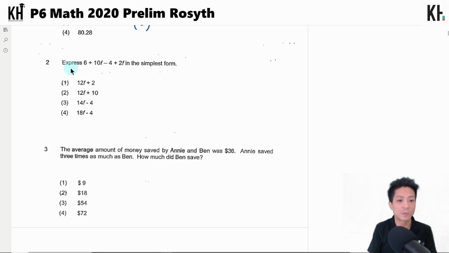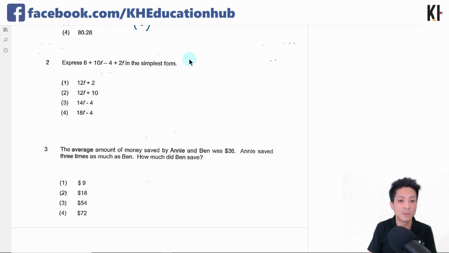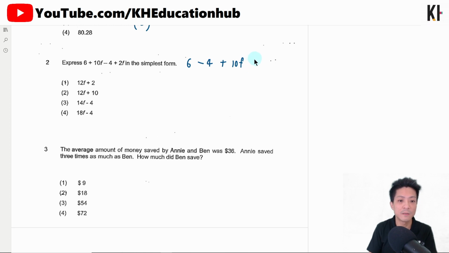Question 2, express 6 plus 10f minus 4 plus 2f in the simplest form. Okay, so the first thing that we can do is we should be rearranging this equation into this form. So it's gonna be 6 minus 4 plus 10f plus 2f.